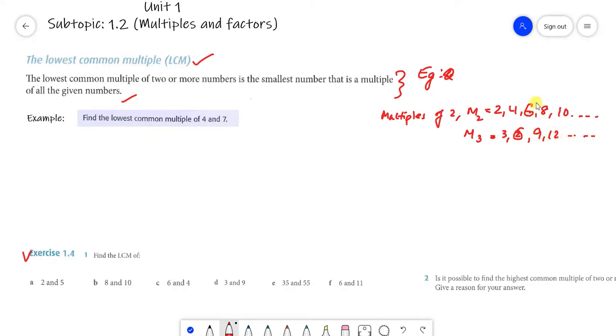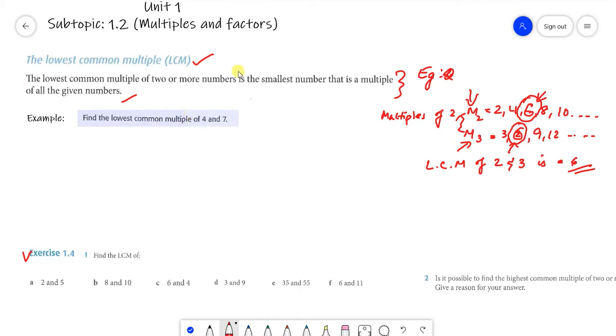We can see that we have 6 in the multiplication table of 2 and 6 in the multiplication table of 3. So this is the lowest common multiple of these two numbers, 2 and 3. Hence the LCM of 2 and 3 is 6. Simple as that. Whenever it says LCM, you have to find the lowest common multiple of the two given numbers.